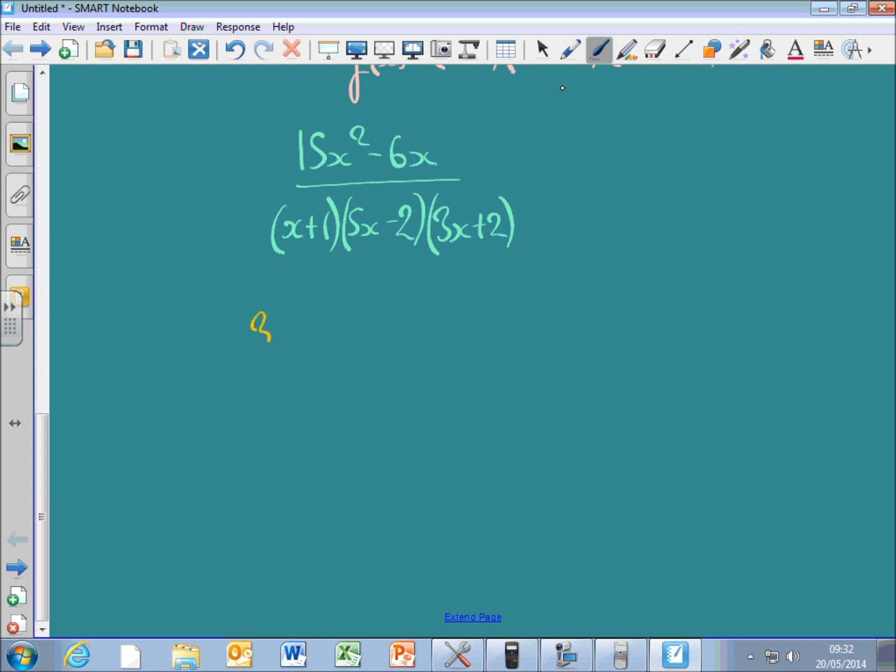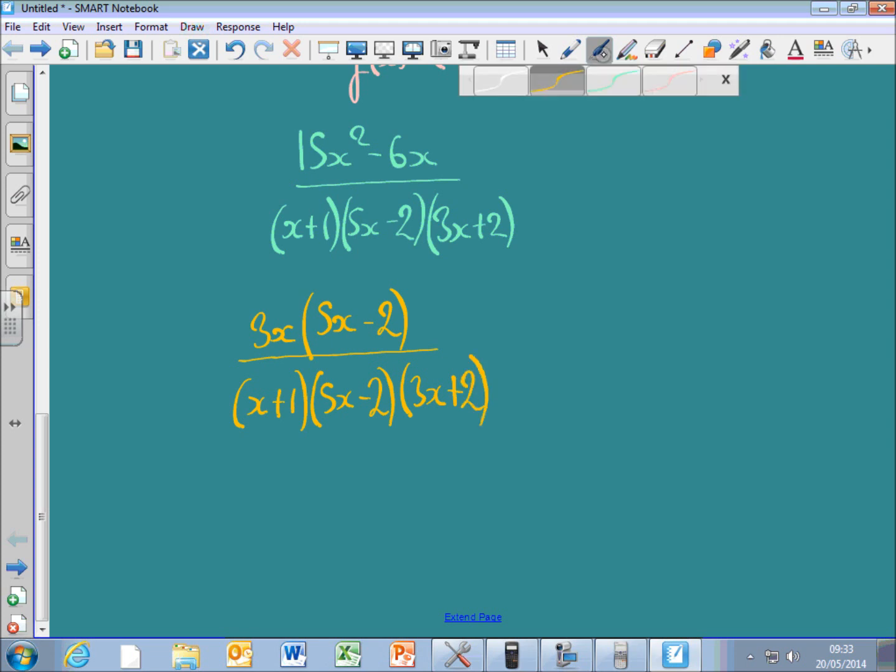So let's do that, which means that inside the brackets I'm going to get 5x minus 2, and underneath I've got x plus 1, 5x minus 2 and 3x plus 2.